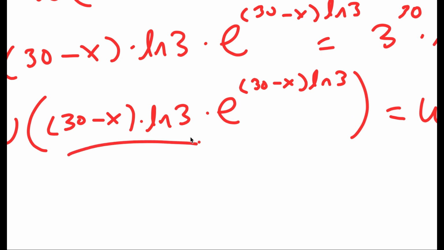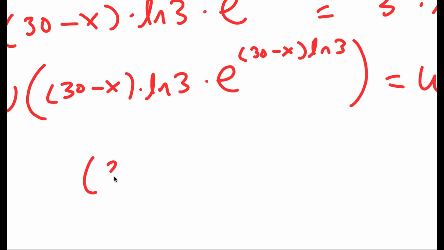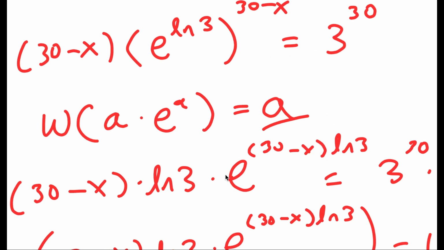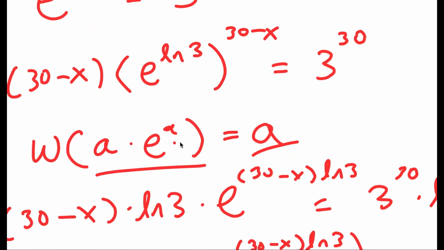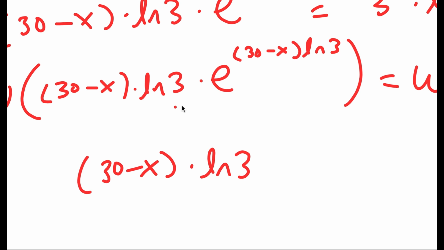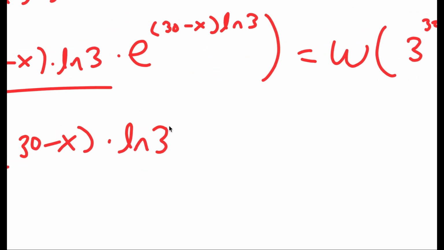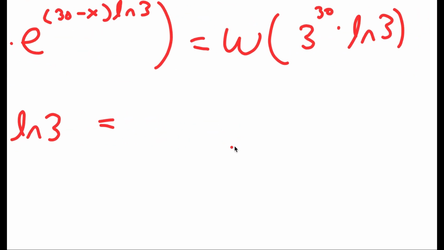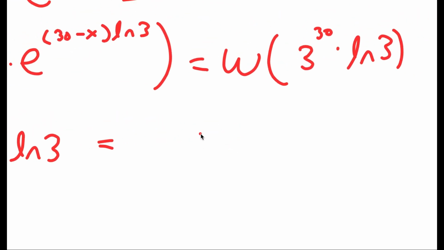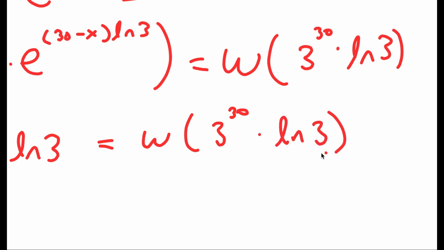Now, all of this from my left-hand side just turns into 30 minus x times ln 3, because if I have something in the form a times e to the power of a, this is equal to a. So in this case, a is 30 minus x times ln 3. So I get 30 minus x times ln 3 is equal to the W of 3 to the power of 30 times ln 3.